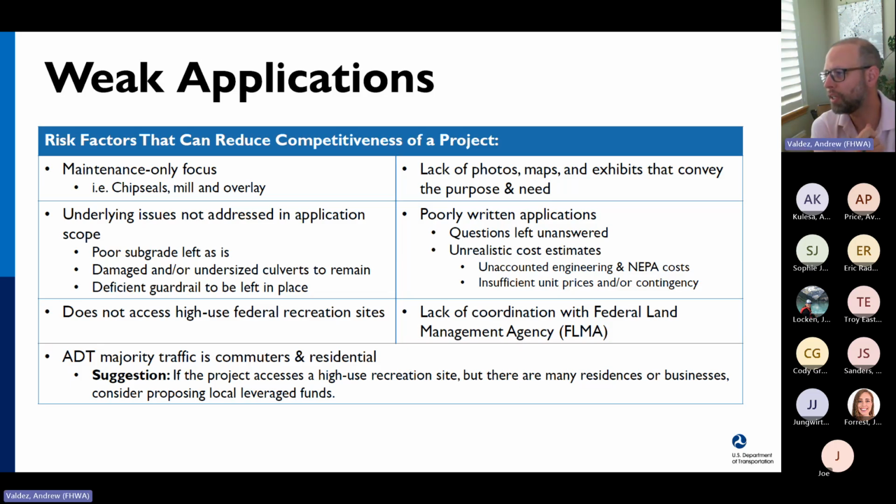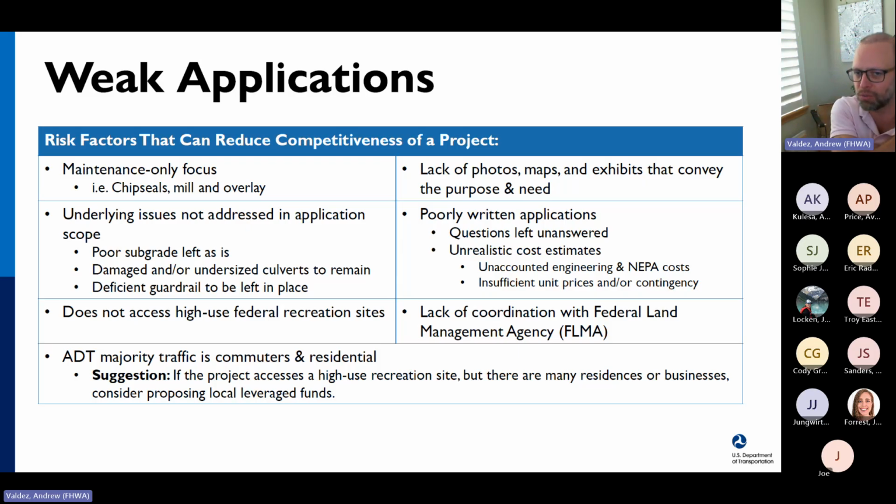As far as weaker applications go, we typically don't like to see maintenance-only projects. The purpose of the program is to expand access and not fix a county's deferred maintenance backlog. Obviously, unclear or poorly written applications don't fare too well.